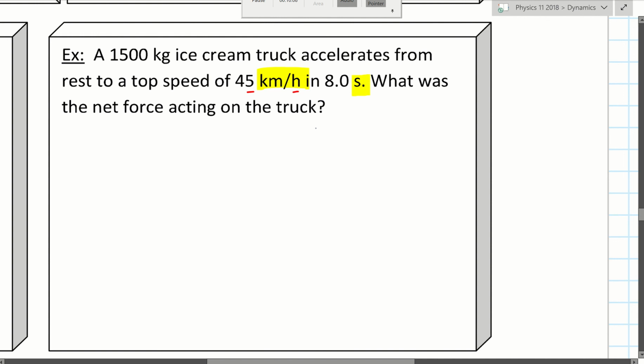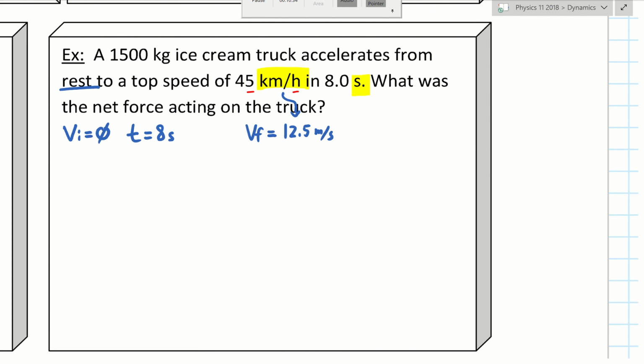So V final turns out to be 45 divided by 3.6, which is 12.5 meters per second. Now, the object starts from rest, so V initial is 0. Okay, and time is 8 seconds.